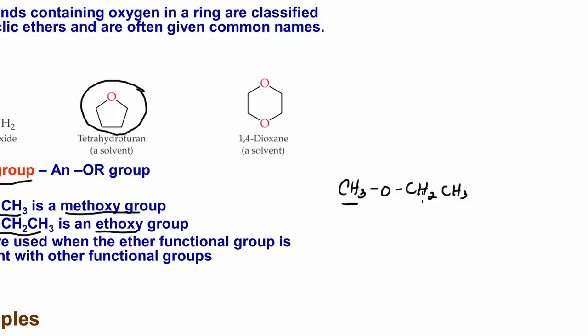So here we have 1, 2, this is an ethane, and this would be called methoxyethane. We have the methoxy group here, and then this is our longest continuous chain, and so this would be called methoxyethane.